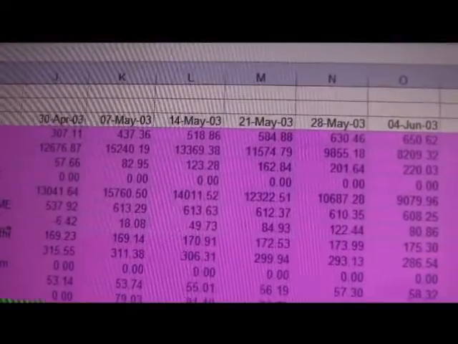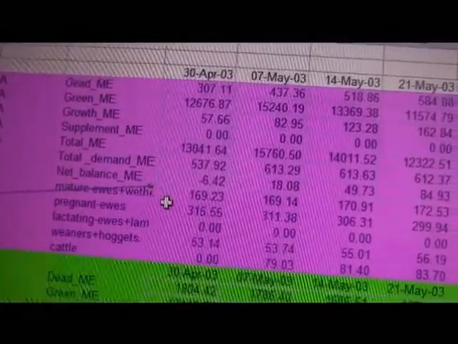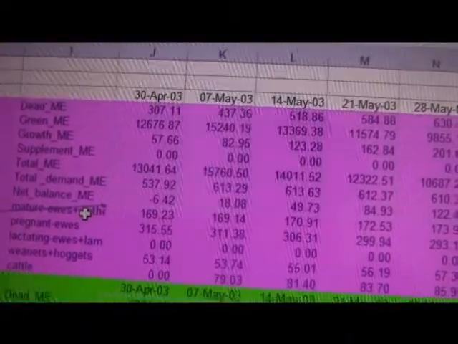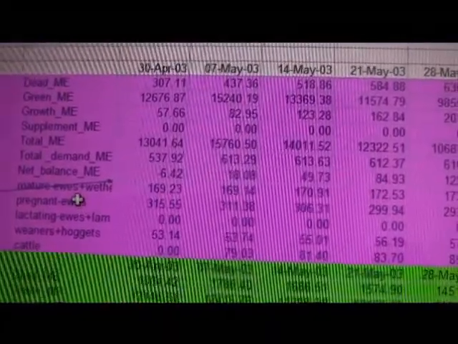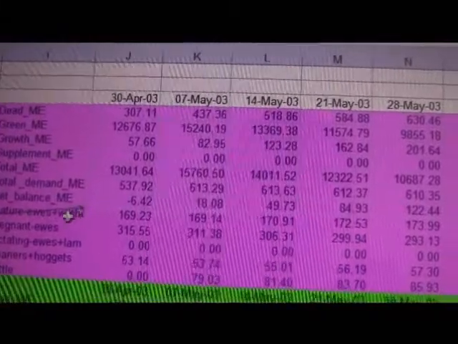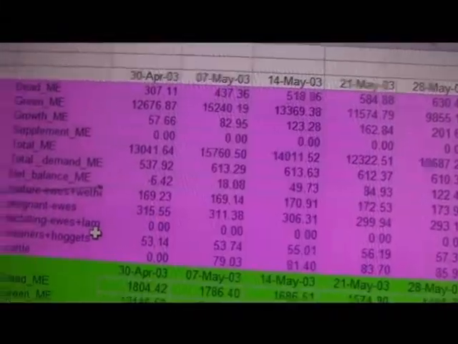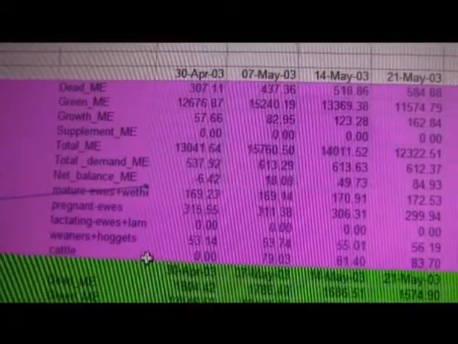And on the animal demand side, because in each system, Farm A, Farm B, and C, we had different mobs of animals. We had mature ewes and wethers, pregnant ewes, lactating ewes and lambs, and weaners and hoggers and cattle.